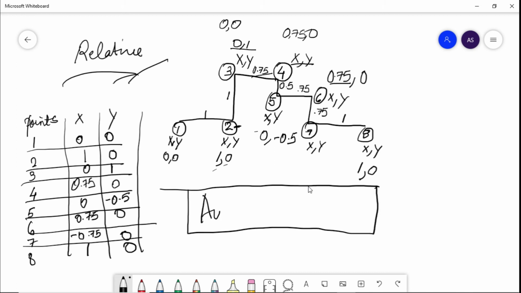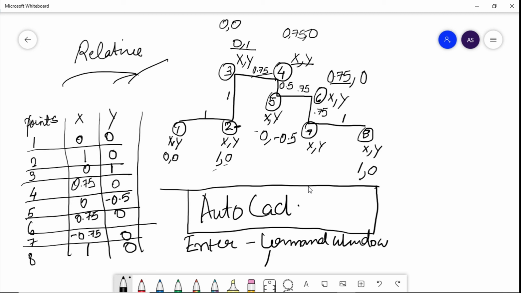To implement these values, you will have to enter them into the command window. In the command window we had selected the first command, which is the line. Press enter.